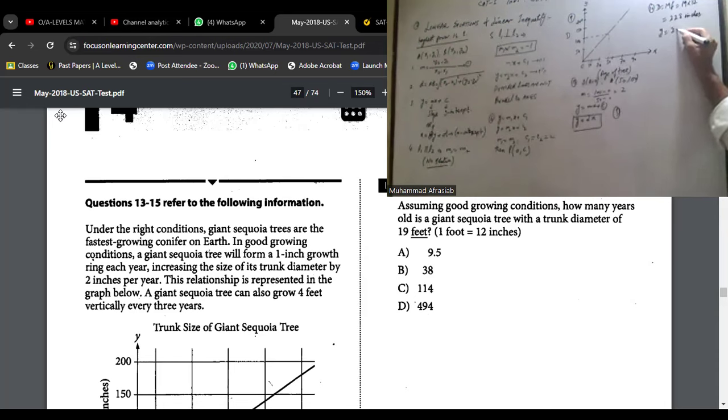Since y is equal to 2x, the diameter 228 is equal to 2x, then x will be equal to 114. So these are the number of years. C is the answer of this choice.